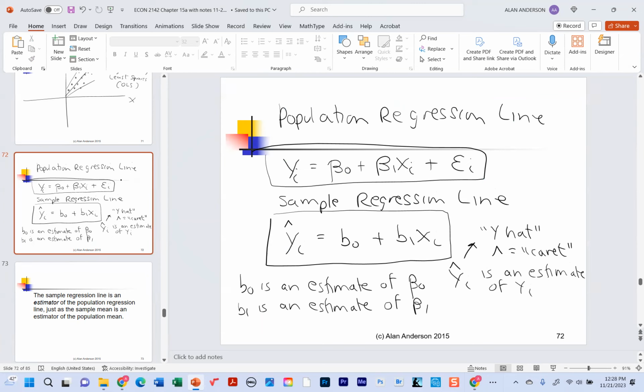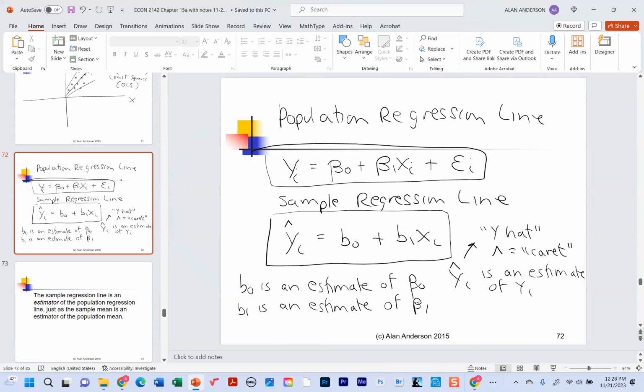What's different now? Well, first of all, the Greek letters are being replaced with the Roman letters. Beta is being replaced with b, at least as far as the intercept and slope go. The y, though, was already a Roman letter, so we couldn't do anything about that. A common method we use in statistics to indicate an estimator is to put this little pointy thing on top.